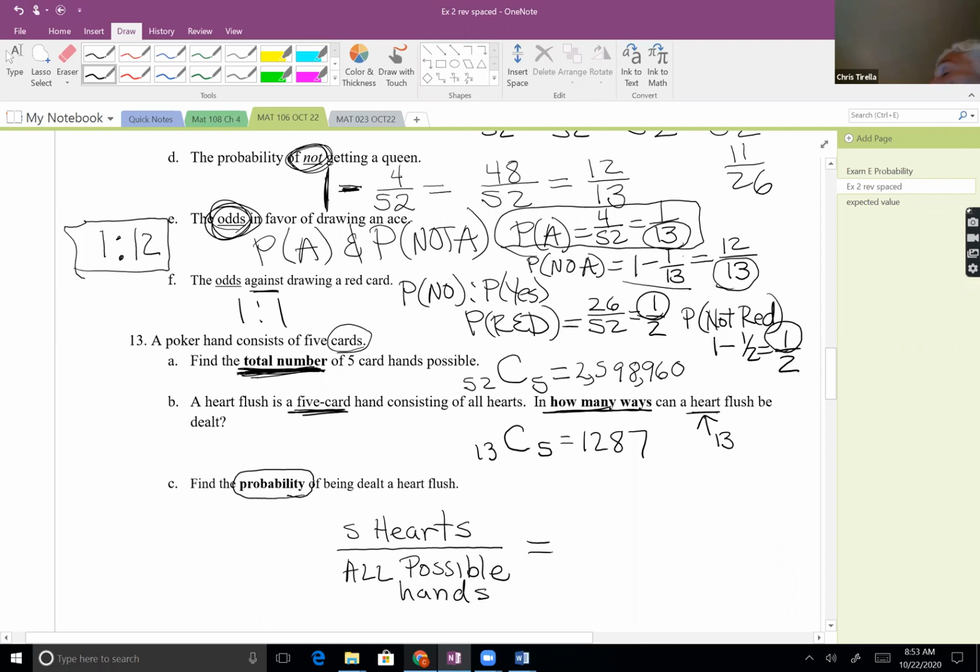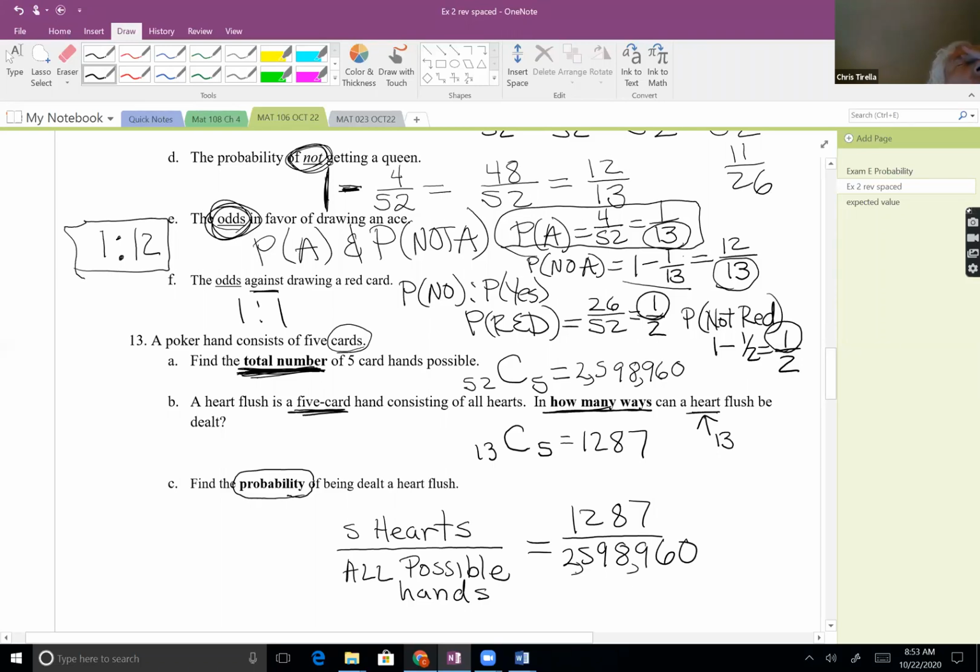And this is one where you don't want to reinvent the wheel. We found the number of ways I can get 5 hearts, 1287. And we found the number of total hands possible, 2598960.